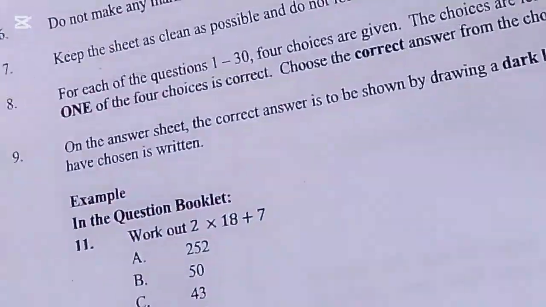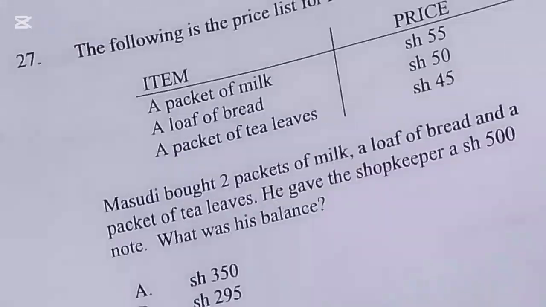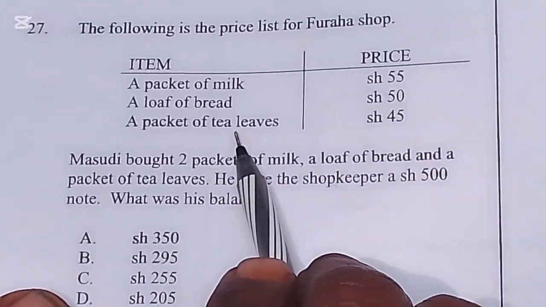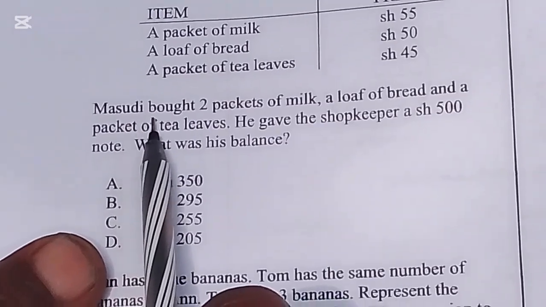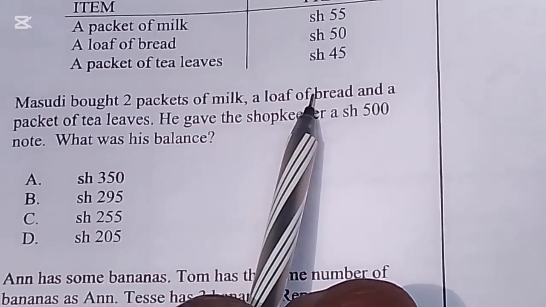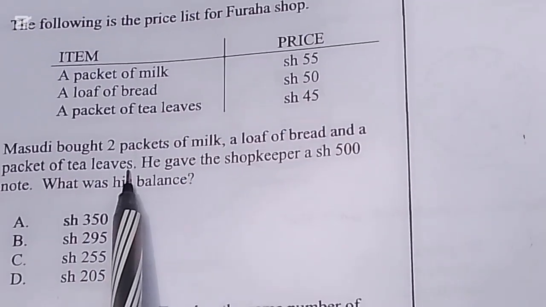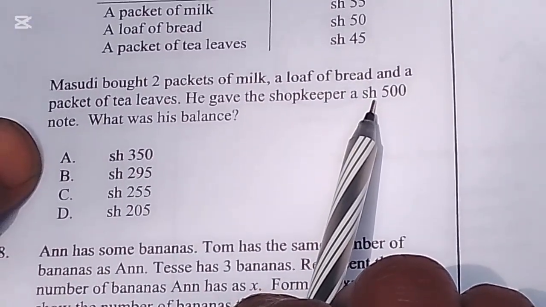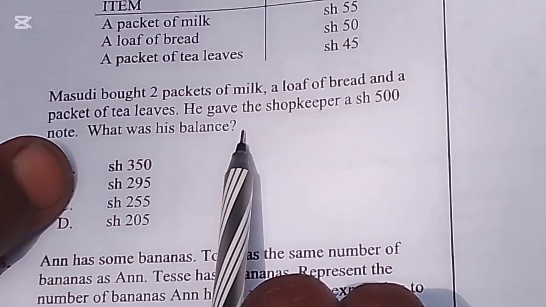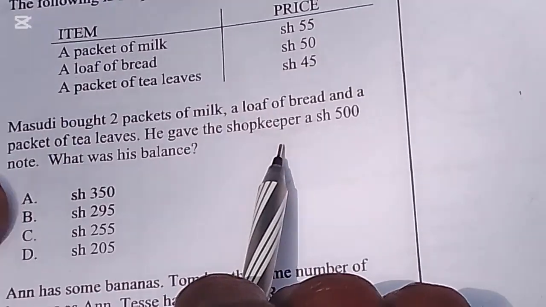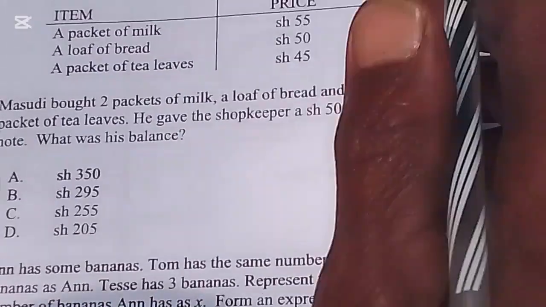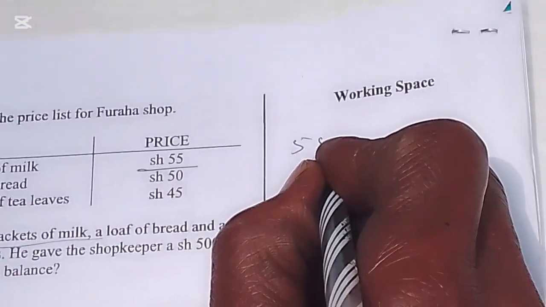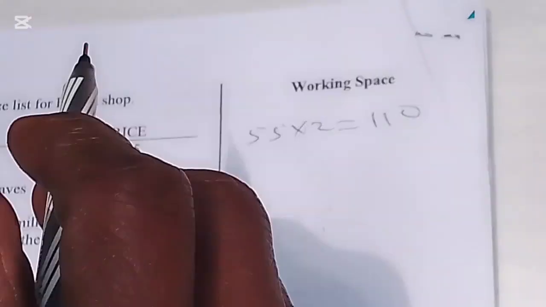Number 27. The following is the price list for the Furaha shop. Masudi bought 2 packets of milk, a loaf of bread, and a packet of tea leaves. Then he gave the shopkeeper a 500 shilling note. What was his balance? First of all, we are supposed to find the total of his expenses. 2 packets of milk, that is 55 times 2, we get 110.